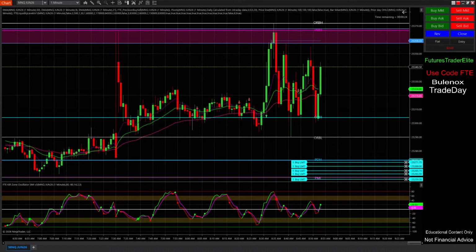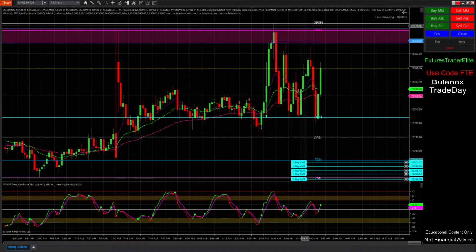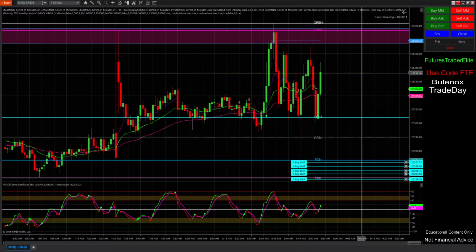Very nasty looking chart so far. Yeah, I was just thinking the range, we got 289 to 371. It's not quite 100 points.